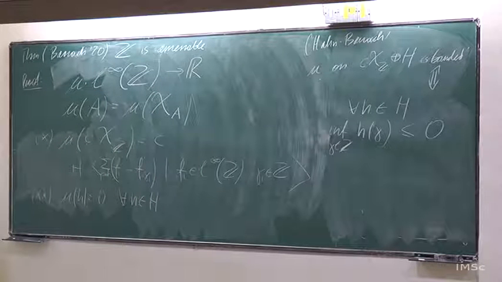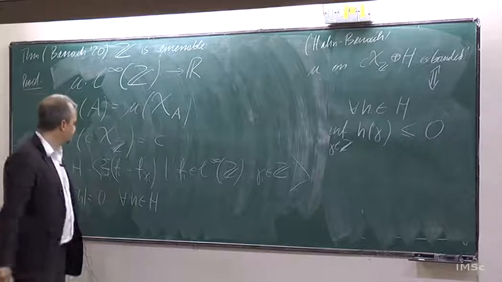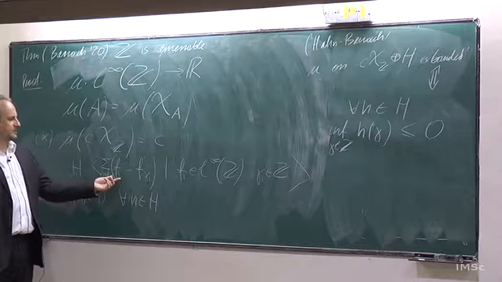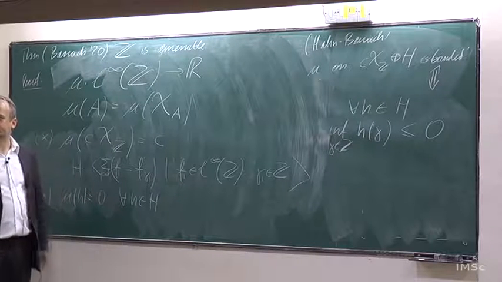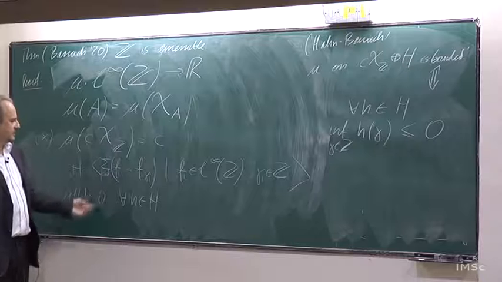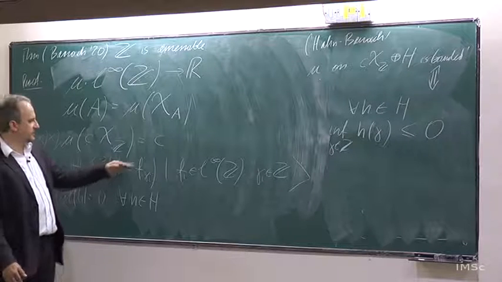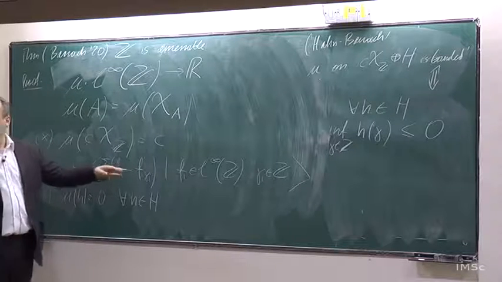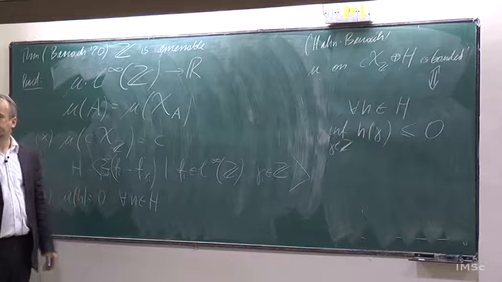Okay? It might sound as something completely trivial, because if you have the function minus translation, you might think, yeah, it's obvious that it cannot be always greater or equal than 1, okay?